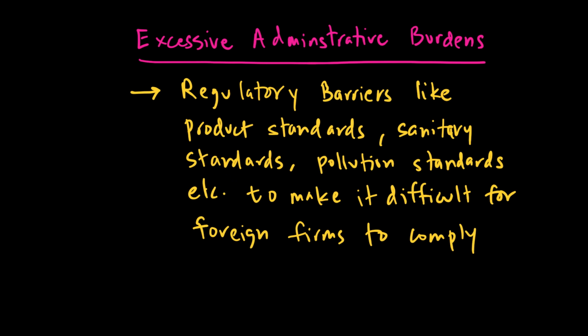All of those standards are regulations that foreign firms are required to comply with, and when they comply, the cost of production may go up so much that they end up not selling in the market. So these are the kind of excessive administrative burdens that are sometimes put in place in order to discourage producers from producing and selling in the market.